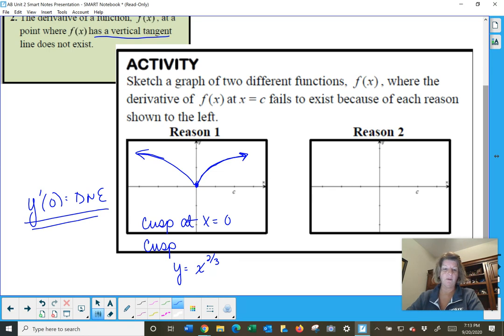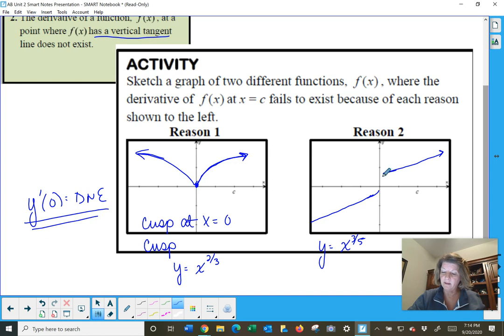Let's see. The other reason is the vertical tangent line. So they used x to the 1/3 before. What if we did y equals x to the 3/5? It's going to be a little bit faster in its descending, but then it has that same quick vertical switch going on at 0.